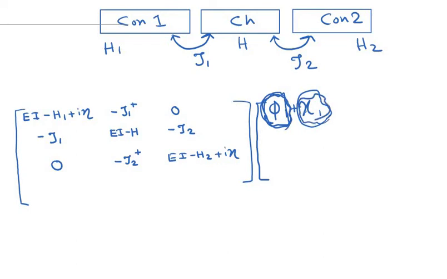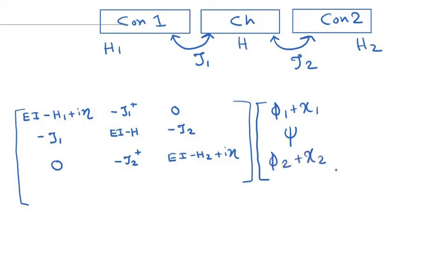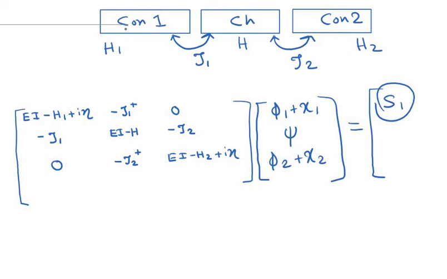Okay, x1 is kind of the influence of the channel on the contact. And the channel wave function we denote by psi. So let me write it in a smaller font. Phi 1 plus x1, the channel wave function is psi, and then this is phi 2 plus x2, and then this is equal to S1. S1 is the rate at which electrons are replenished into contact 1.